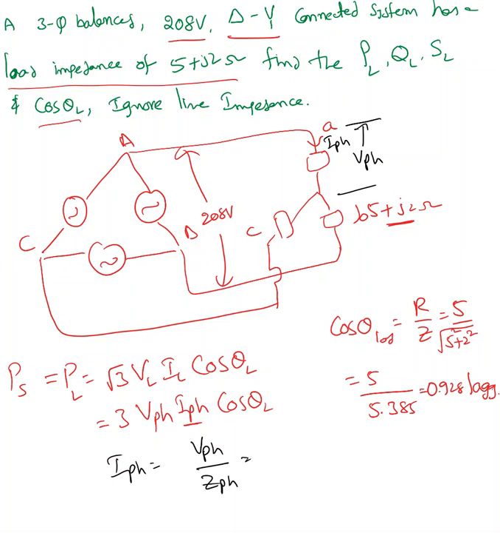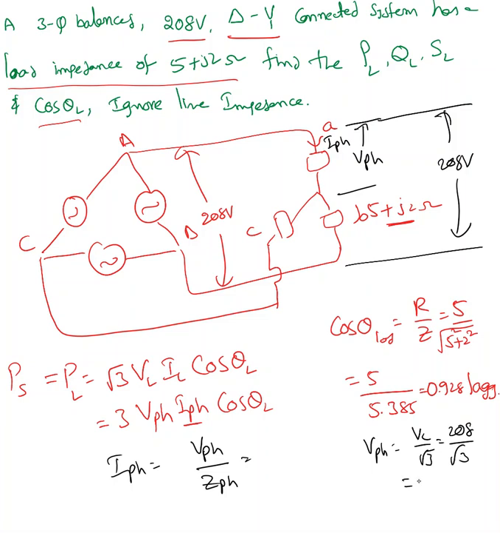I have the line-to-line value as 208 volts. What is the phase value? So VPH must be VL over square root 3, which is 208 over square root 3, which is 120 volts. So this is 120 divided by 5 plus J2.